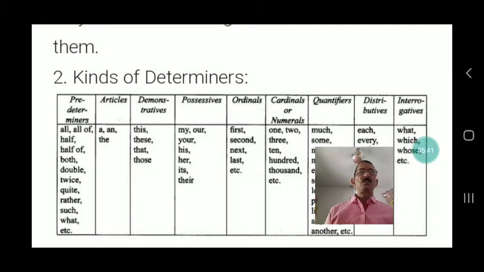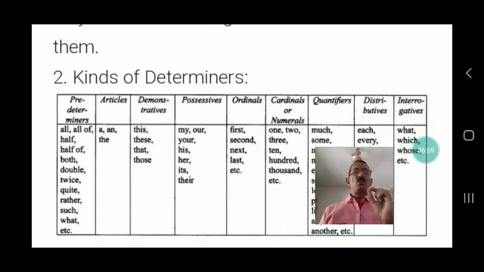There are predeterminers, articles, demonstratives, possessives, ordinals, cardinals, quantifiers, distributives, and interrogatives. Predeterminers: all of, half of, both, double, twice, quite, rather, such, what.